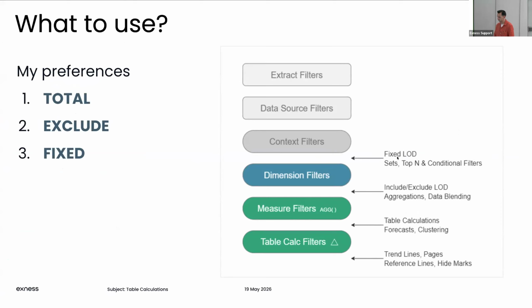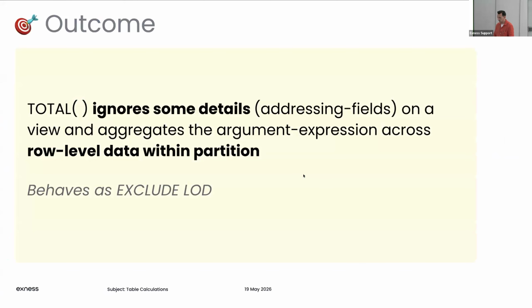For example, when I want fixed not to be affected by dimension filters. And the outcome for this part, what to remember about total: it ignores and aggregates its argument across all row level data within the partition you set for it.